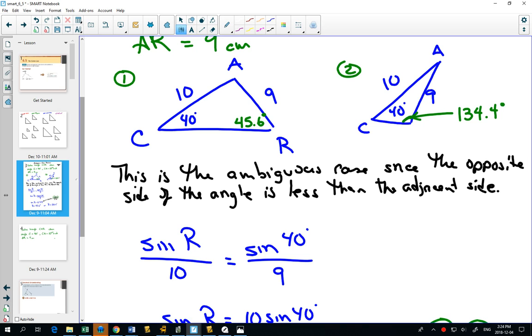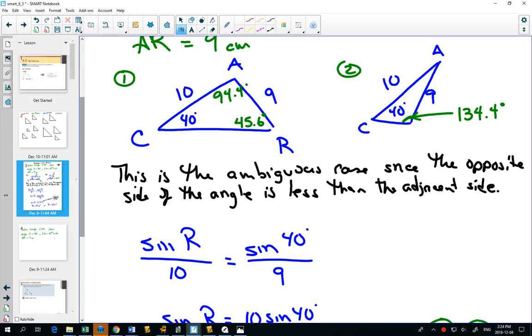Are both of those triangles possible? Yes, they are, right? Because this doesn't add up to more than 180. In fact, this adds up to 85.6. What would we be left with? 94.4 degrees for that one. Then it would add up to 180.